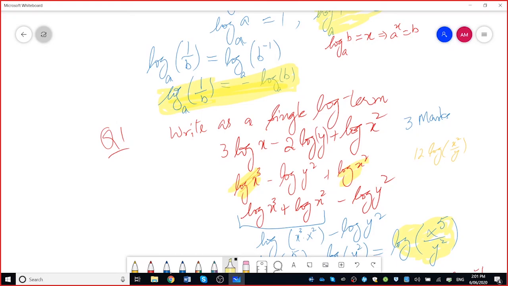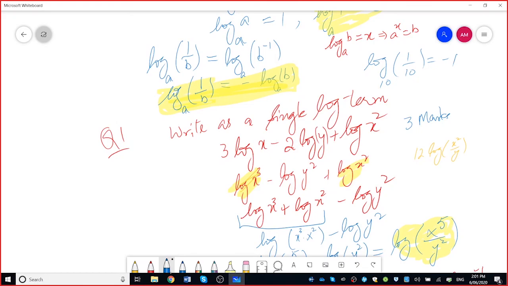Let me ask you quickly one question here. Can you say logarithm of 1 over 10 to the base 10 is equal to what? That is equal to negative log 10. And what is log 10? 1.